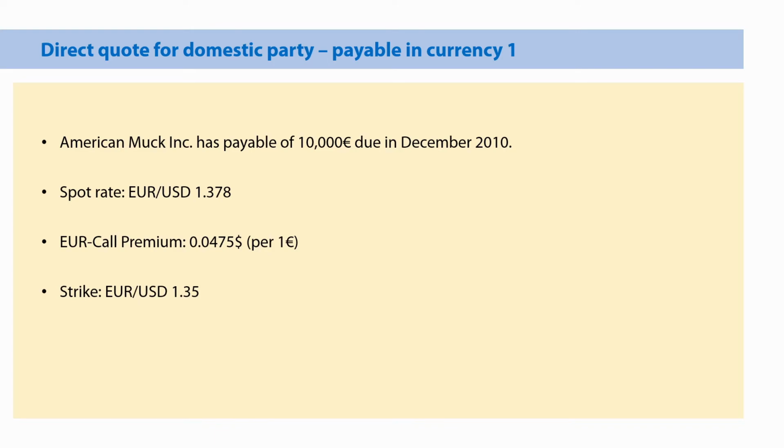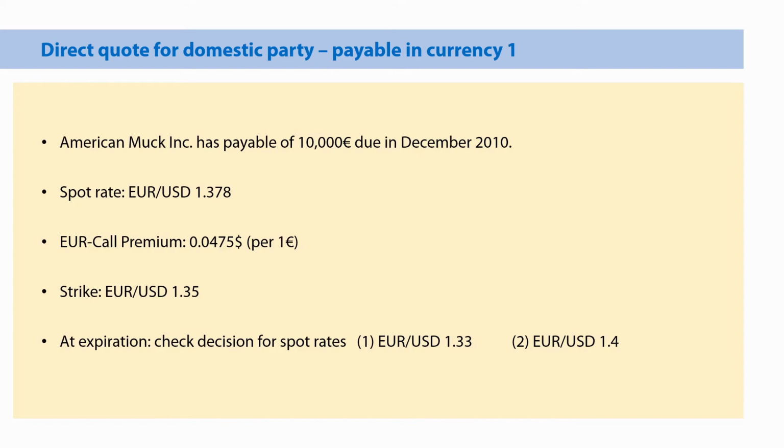Let's assume that they are okay with a price of $1.35 for 1 euro. That is now a real price for them to pay for a euro. That would be the highest price that they were willing to pay. And at expiration, we check for two different scenarios, 133 and 140.